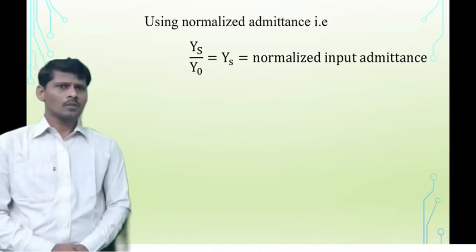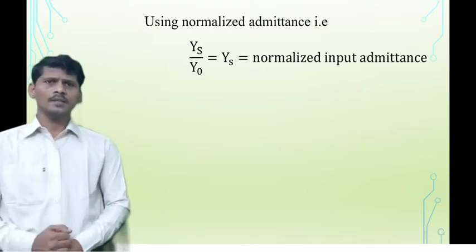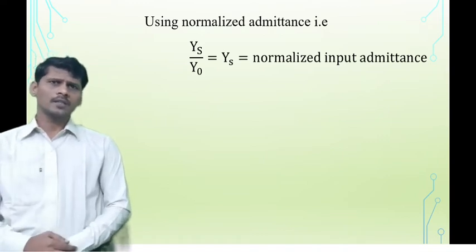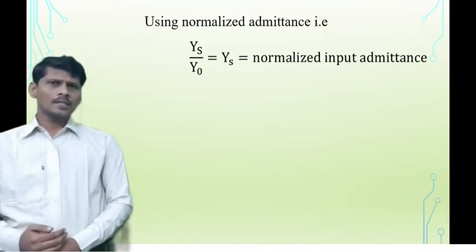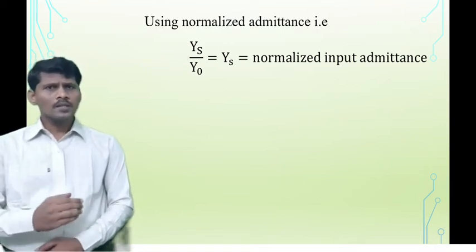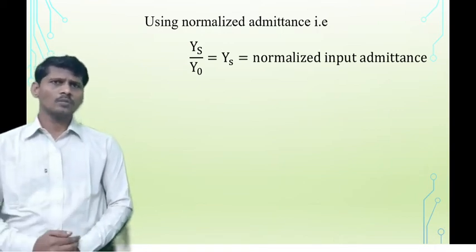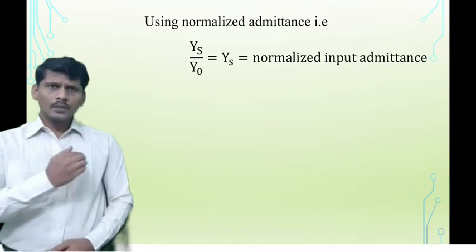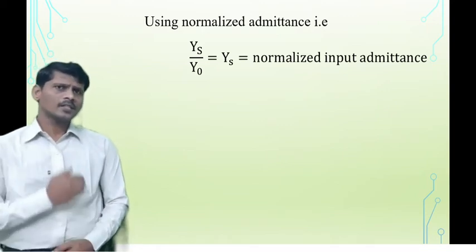Y suffix small s is the normalized input admittance, Y suffix capital S is the input admittance, and Y0 is the characteristic admittance. So the normalized input admittance is given by the input admittance divided by the characteristic admittance.